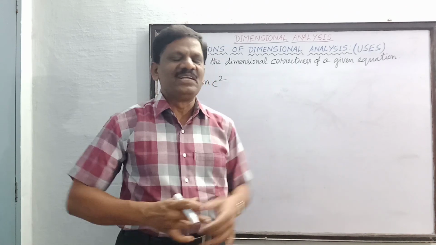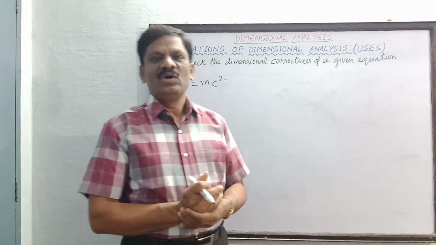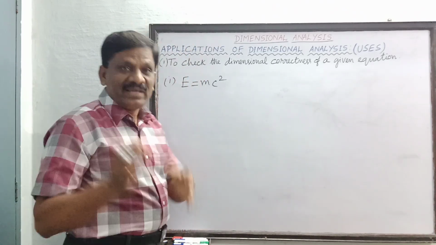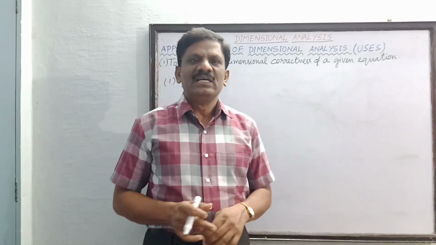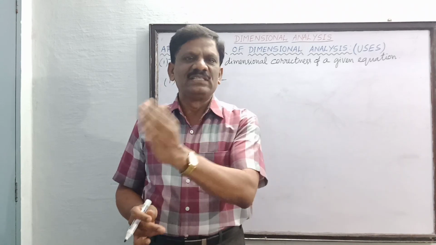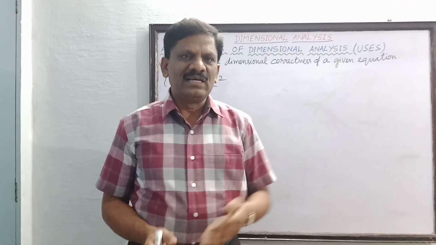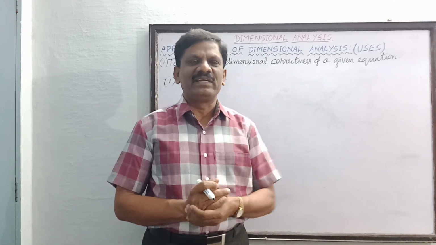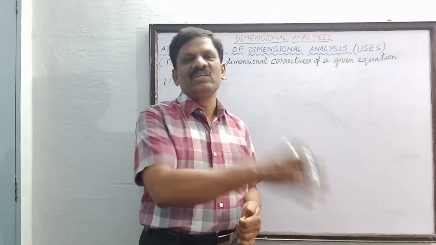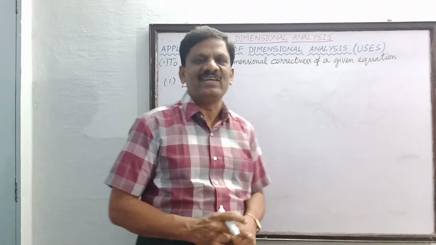Mass can be converted into energy and energy can be converted into mass. There are some experiments which prove mass conversion into energy or energy conversion into mass. Energy is converted into mass in an experiment called the photoelectric effect, and mass is converted into energy in an experiment related to the discovery of X-rays. Keep it in mind.